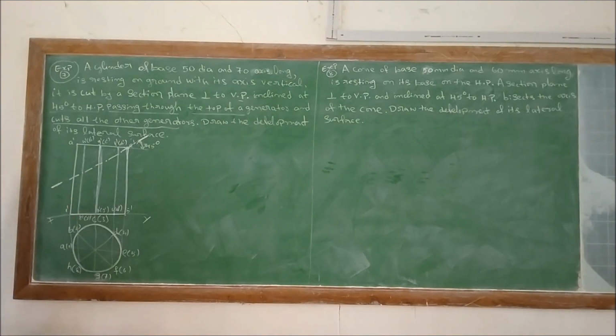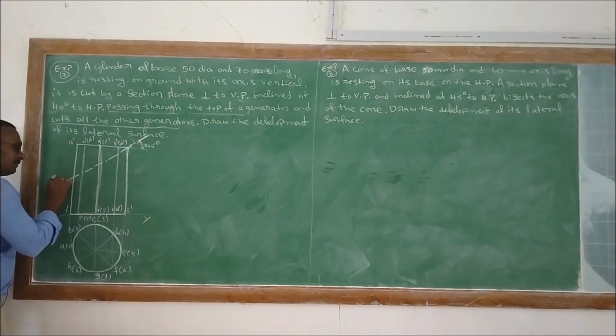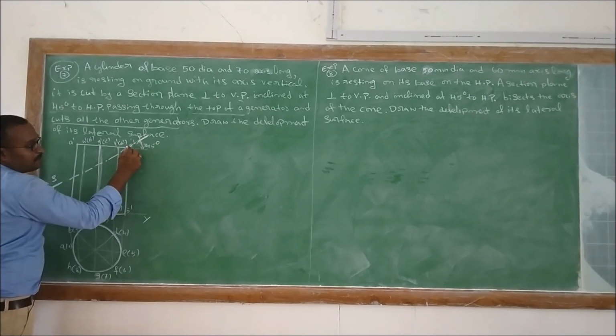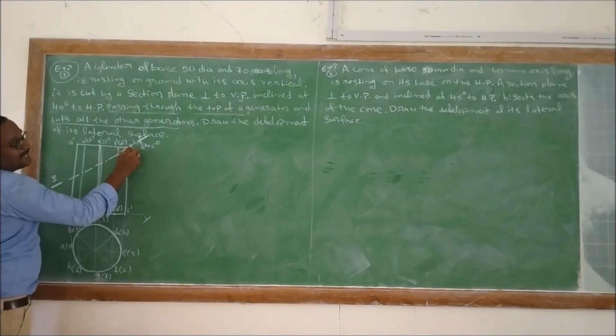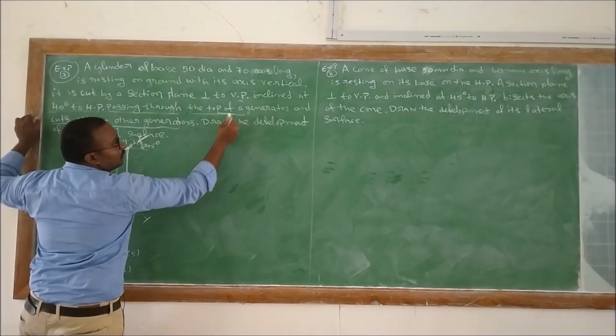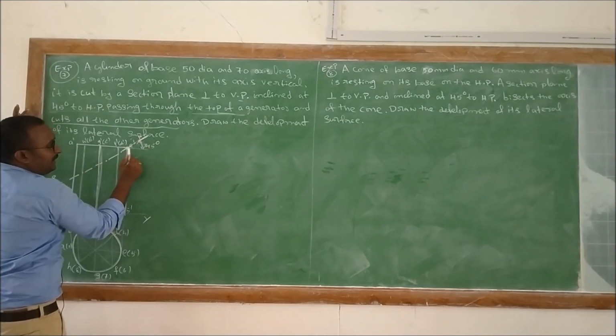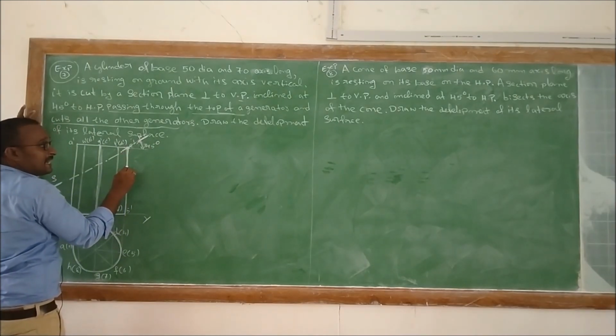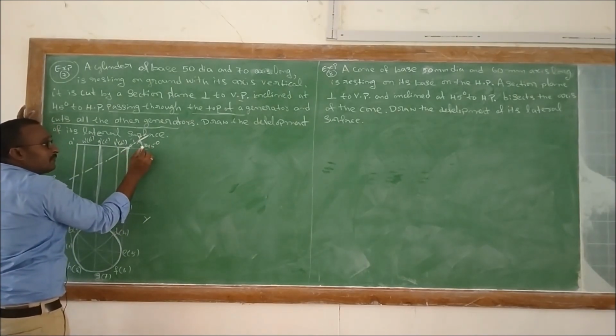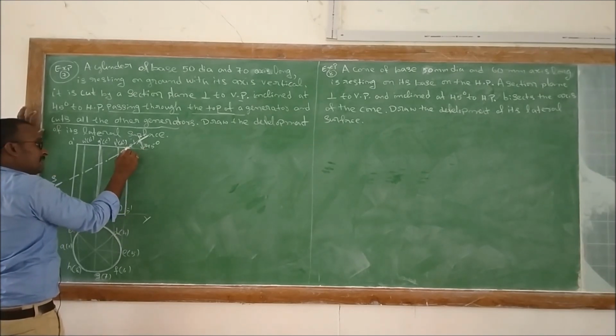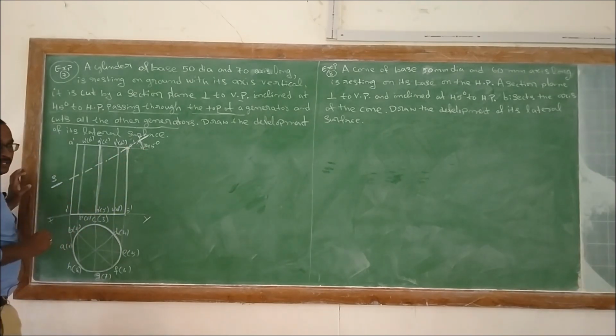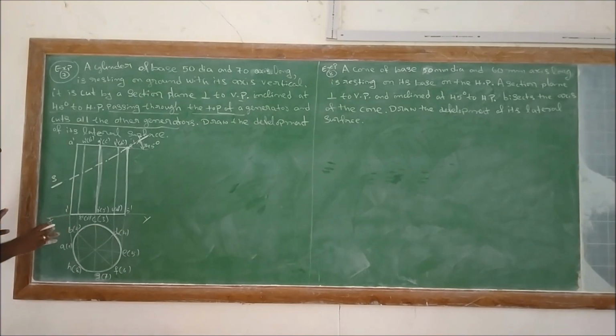So here this is the section plane, which is passing through the top of the generator as well as inclined at an angle of 45 degrees to the ground, and it cuts all the generators. So this is the position of the section plane.